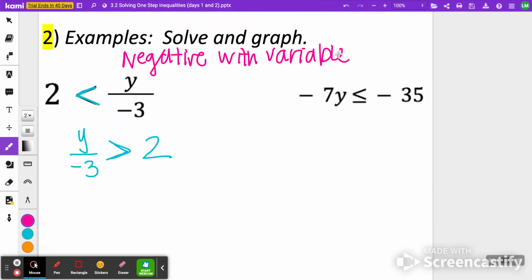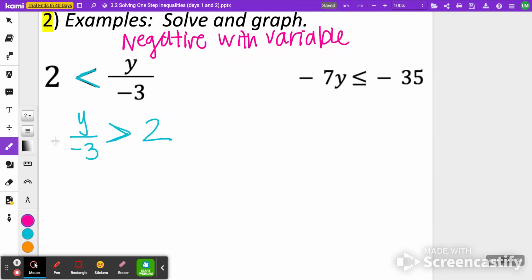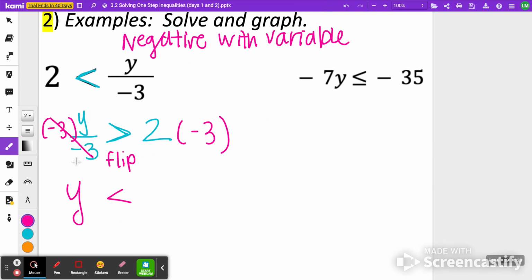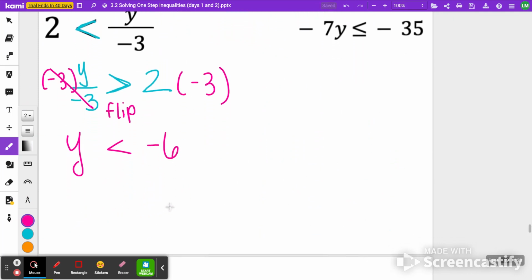Okay, so because there's a negative with the variable, I will have to multiply by negative 3 to get my answer. Again, because I'm multiplying by a negative, I will flip this inequality. So now it's not going to be greater than, it will actually flip to less than. So I have y, because these 3's will be 3y over 3, which is equal to 1y, is less than negative 6.